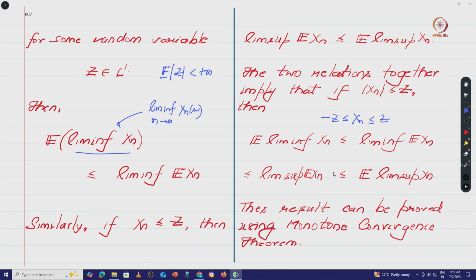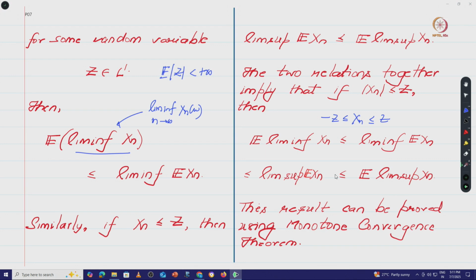So this is the broad conclusion of Fatou's lemma: if the absolute value of xn is less than or equal to z for every n and z is integrable, then the expected value of the lim inf is less than the lim inf of the expected value of xn. This is less than or equal to the next term from a standard fact of sequences of real numbers, that the lim inf of a sequence is always less than the lim sup, and the last inequality again follows from the second part of Fatou's lemma.